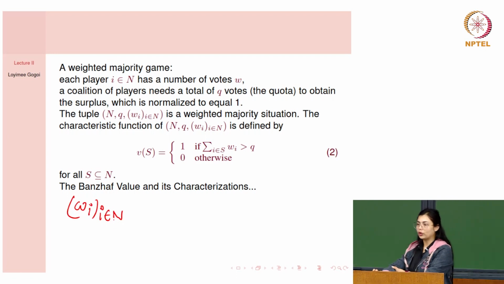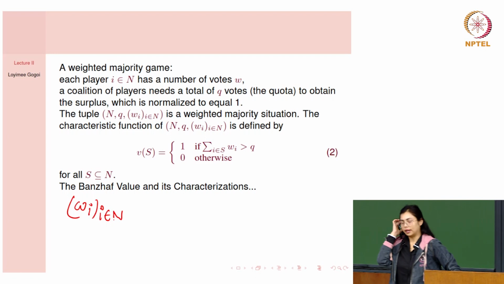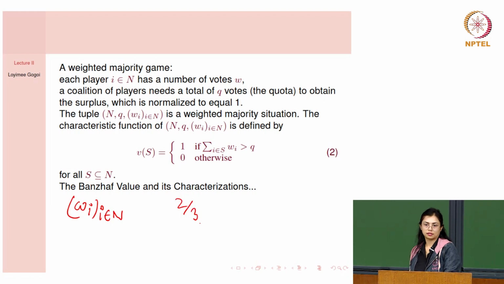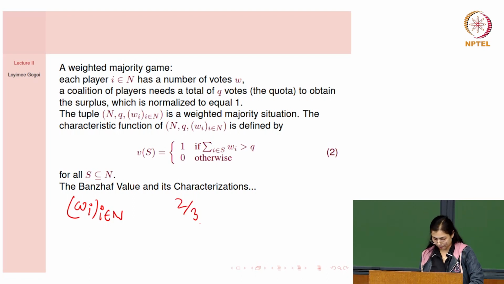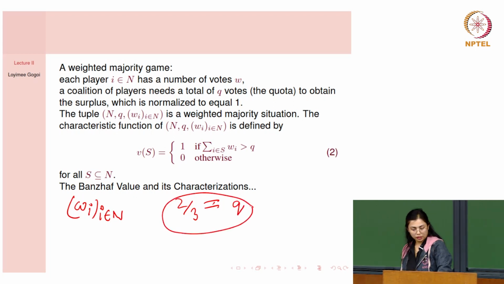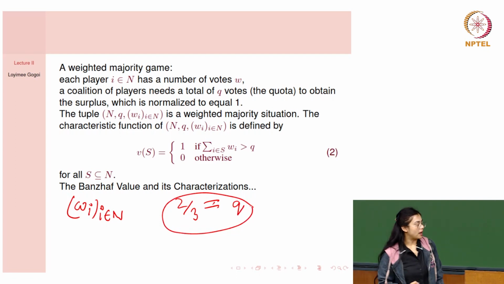So a bill is going to pass in the parliament when two-thirds of the majority say yes. We can call this Q. Q votes we need to pass the bill.